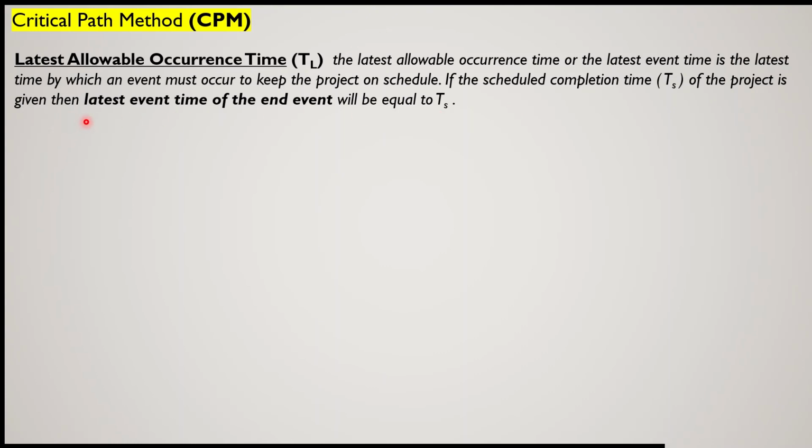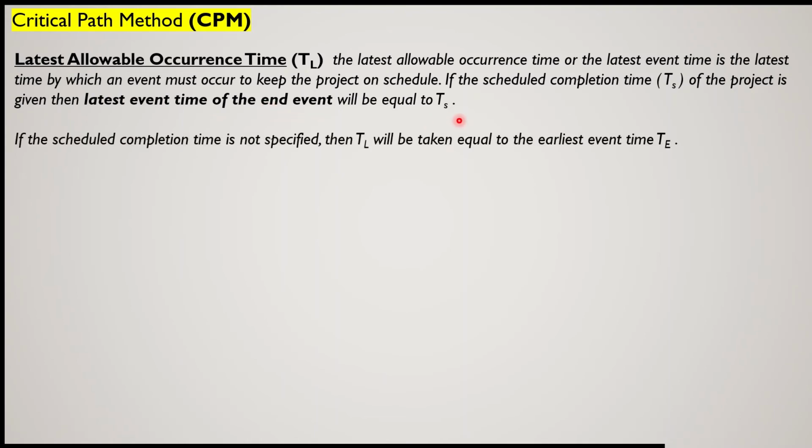So the latest event time of the end event will be equal to TS. If the scheduled completion time, as I already told, is not specified, then TL, the latest allowable occurrence time, will be taken as equal to the earliest event time of the last event.